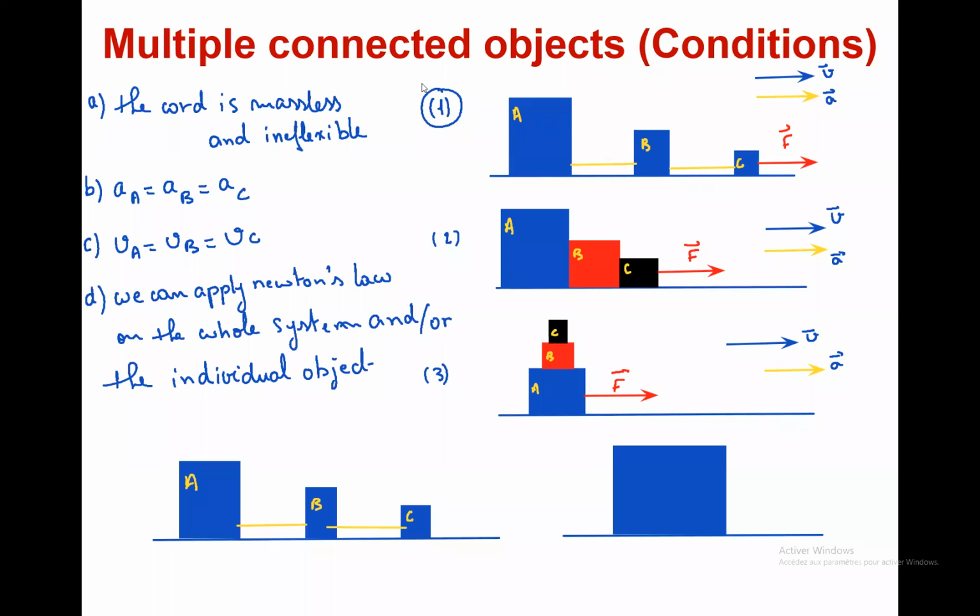In this case, we have A, B, C connected by two cords. We can apply Newton's second law on each one.